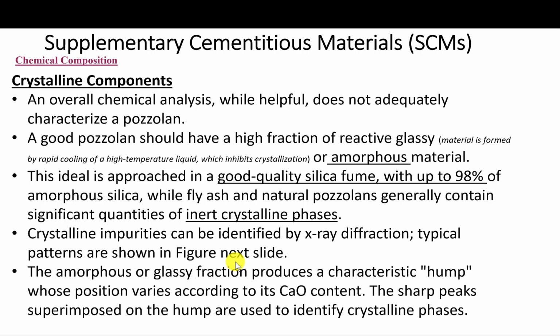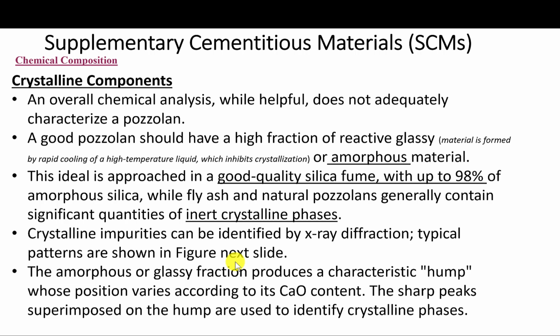This ideal is approached in a good quality silica fume with up to 98% amorphous silica, while fly ash and natural pozzolans generally contain significant inert crystalline phases. Crystalline phases are not reactive and they will not participate in the pozzolanic reaction.